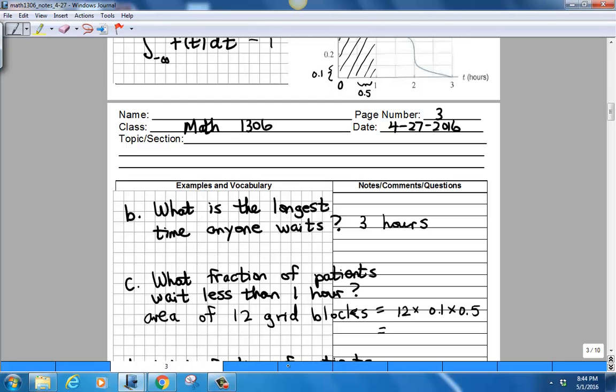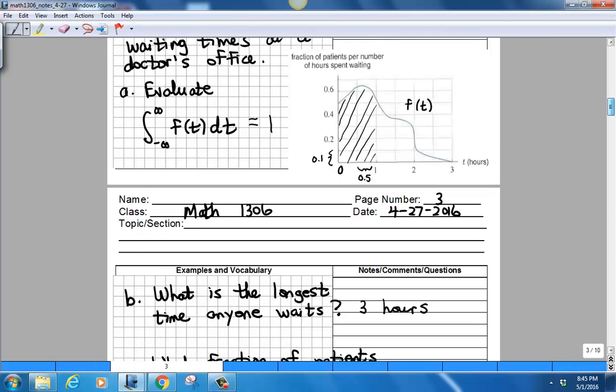All right, so 0.1 times 0.5, that's going to be 0.05, and then we multiply that by 12, and so that comes out to be exactly 0.6. And so it looks like this total shaded area that I've got drawn in this picture is about 0.6, okay?